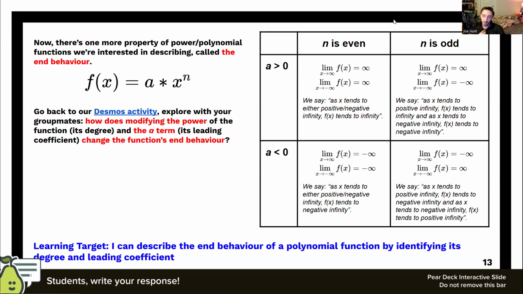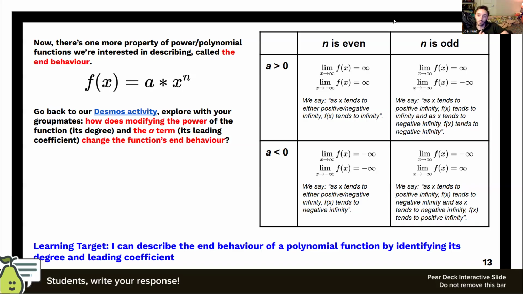We talk about the exponent, which we call the power or the degree of the power function. We talk about this a term that we call the leading coefficient. If I introduce the limit notation here, what I tend to do is write in plain English underneath it what it's meant to say, especially in the beginning, just to serve as training wheels to get people comfortable with what we're looking at there.